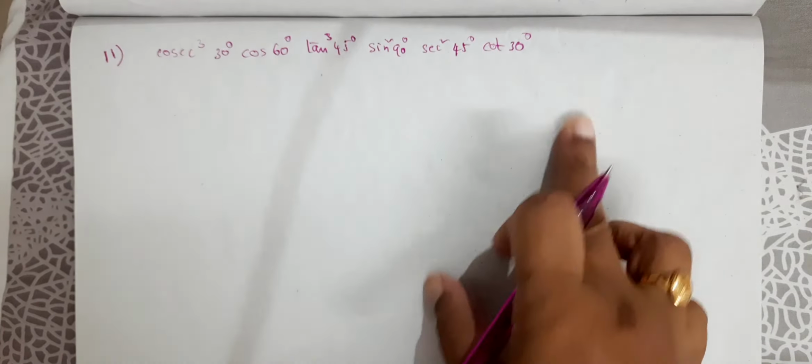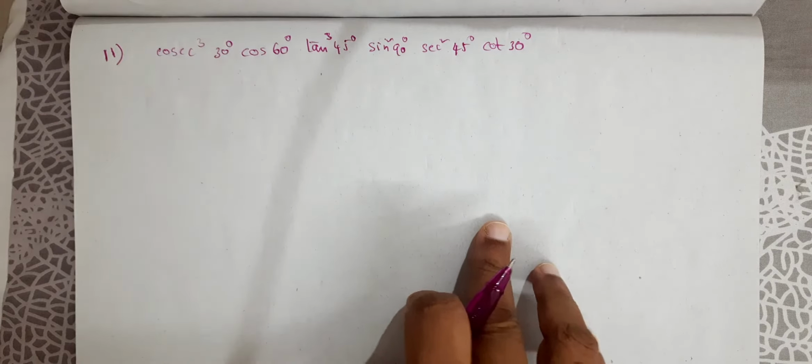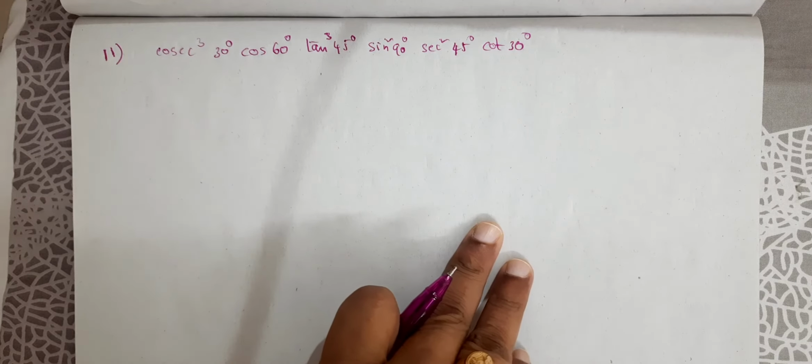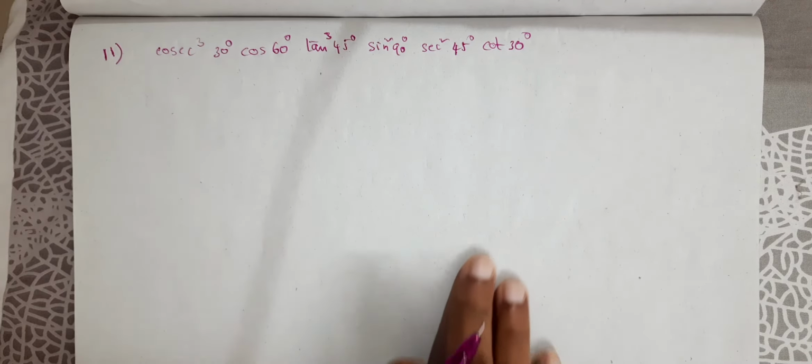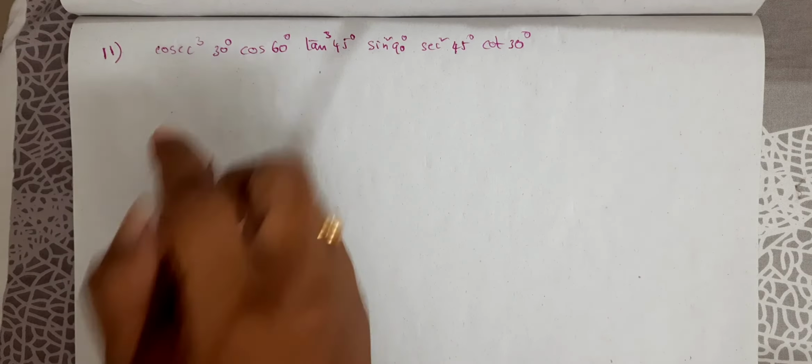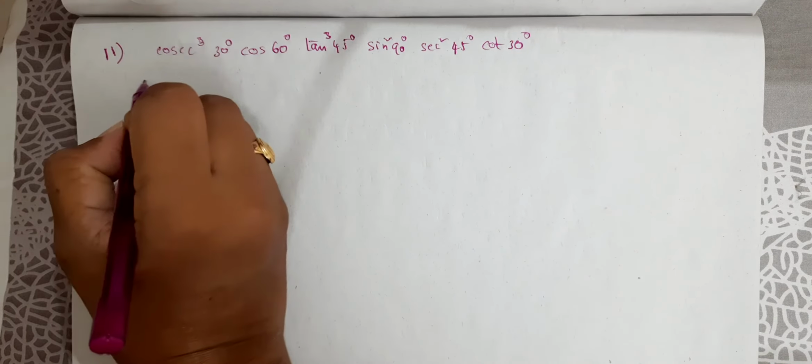So this is the question which is asked. So no addition or subtraction is there in between. So totally it is only a single term, right? So it's all multiplication only, right? So now let us see this one.